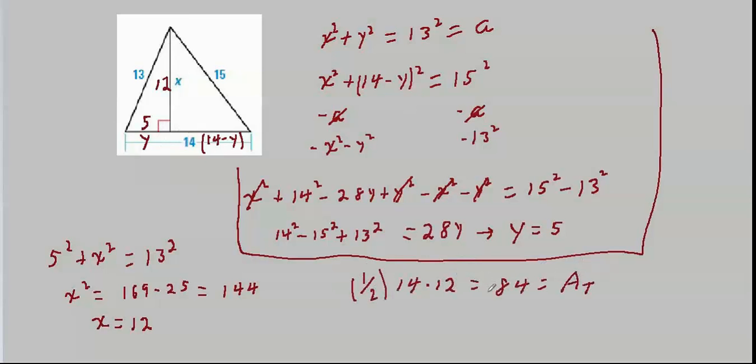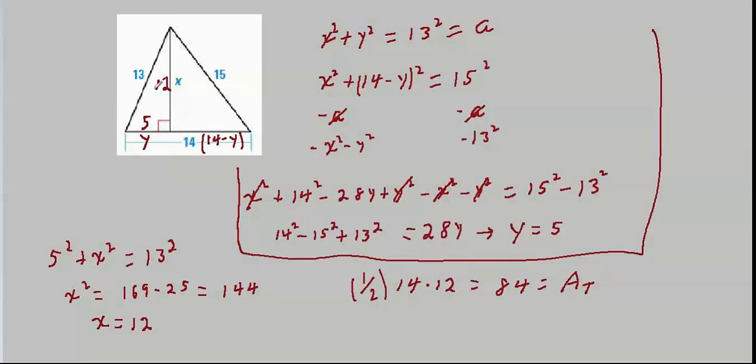Well, look at that. All we knew was the 3 sides to begin with. We didn't know any of this. We didn't know the 12. We didn't know the 5. All we knew was the 3 sides. And we managed to figure out the area from that. The problem didn't ask you to do that. It just asked you to find the altitude. But once you've got the altitude, you can find the area.